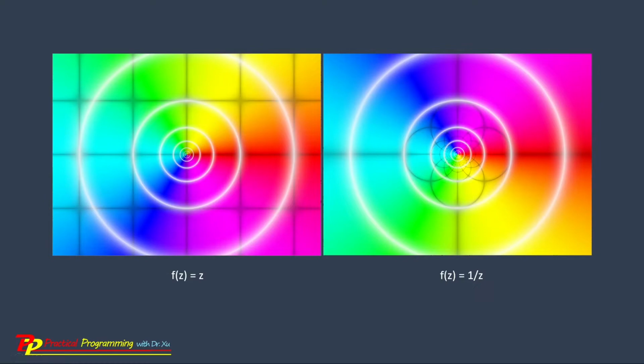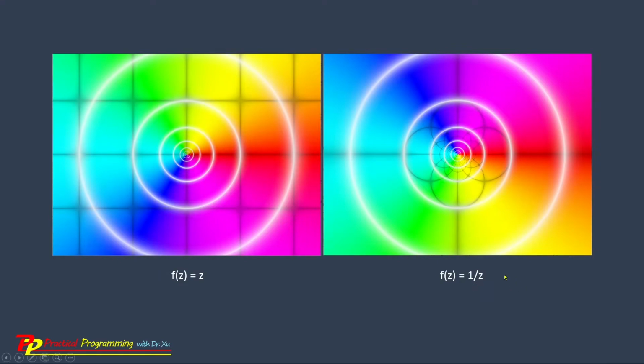You can see that around the zero, the white magnitude contours bunch up, while the black grid lines don't, still flat, which means that there is a zero at z = 0.